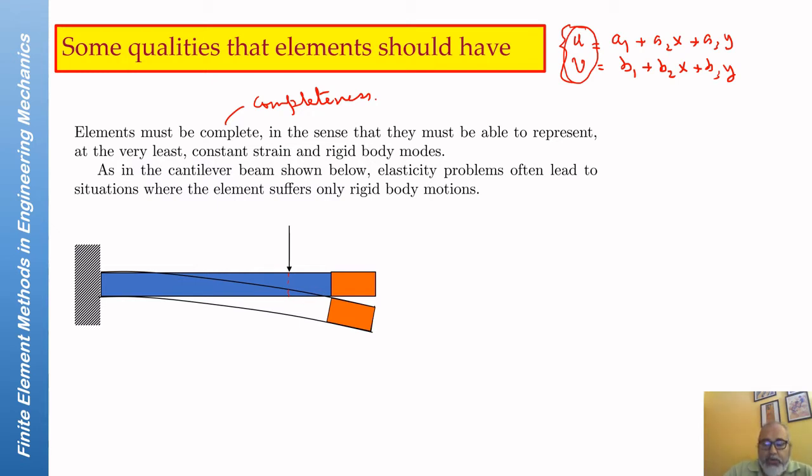So rigid body modes: in 2D, two translations and a rotation about the z-axis, or in 3D there are six, three translations and three rotations. Those must be captured by the trial displacement functions that you choose. That's the first condition. And the second condition is that constant strain states, at least constant strain states, must be satisfied.